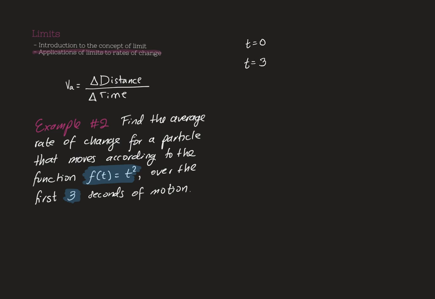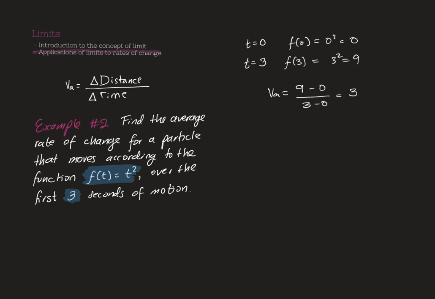When we calculate f of 0, we get 0 squared, that is 0. When we calculate f of 3, we get 3 squared equals 9. Now the average rate of change would be 9 minus 0 divided by 3 minus 0. That would be an average rate of change of 3.